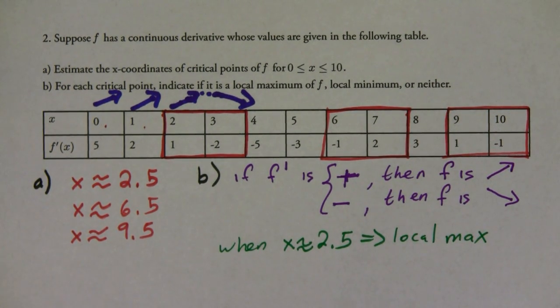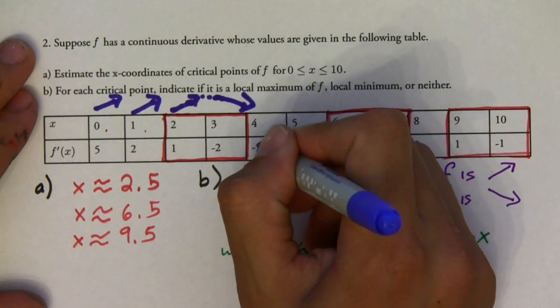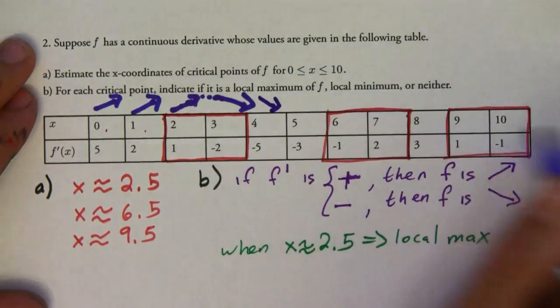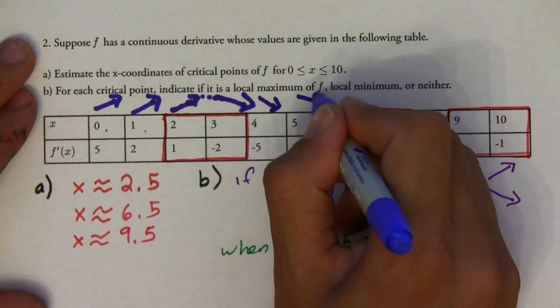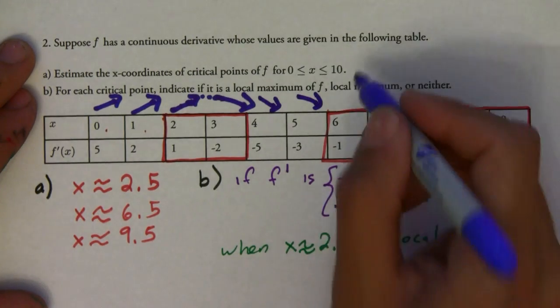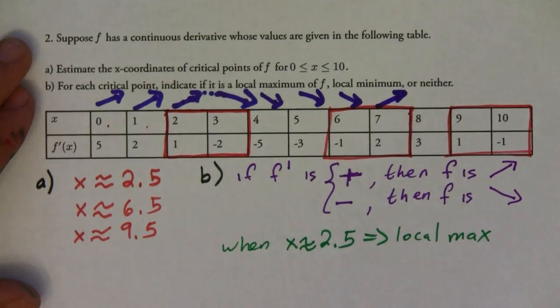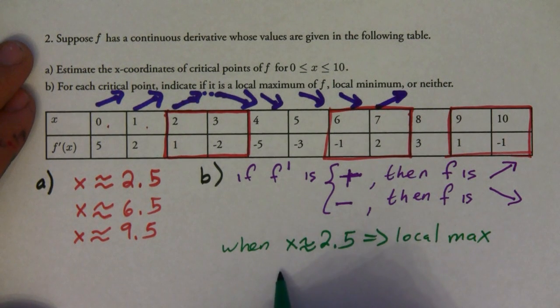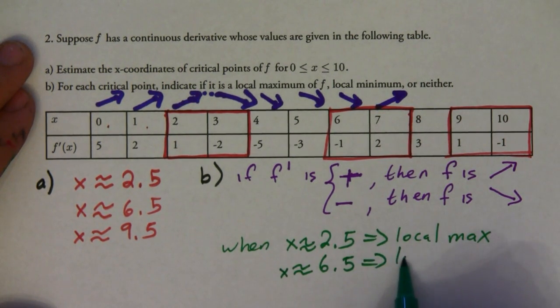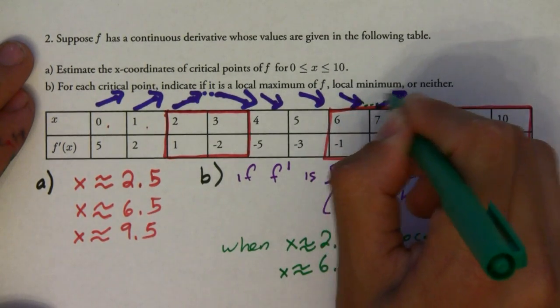Okay, now if we continue this little analysis, when x is equal to 4, it's going to be decreasing. When x is equal to 5, it's going to be decreasing. When x is equal to 6, it's going to be decreasing. But now when it's equal to 7, it's going to be increasing. So when x is approximately 6.5, we're going to have a local minimum because it's decreasing and then it's increasing.